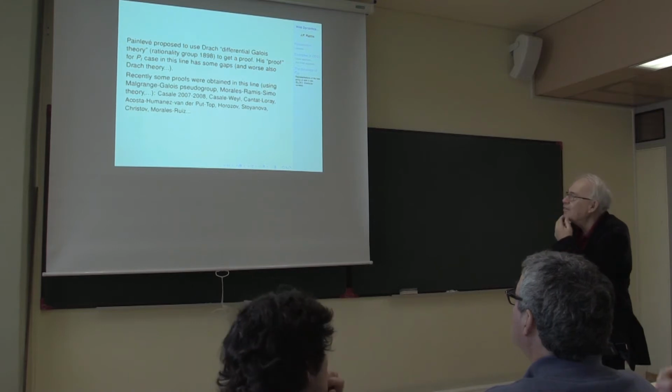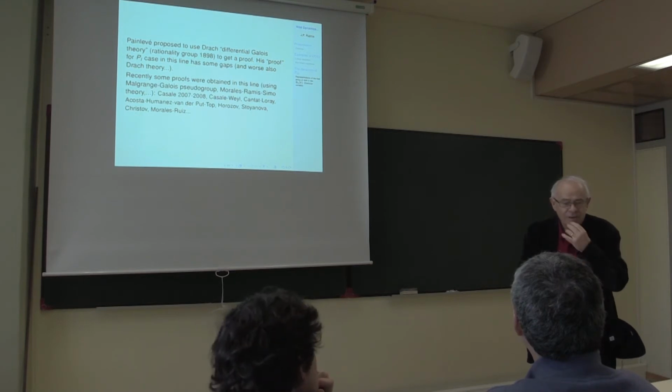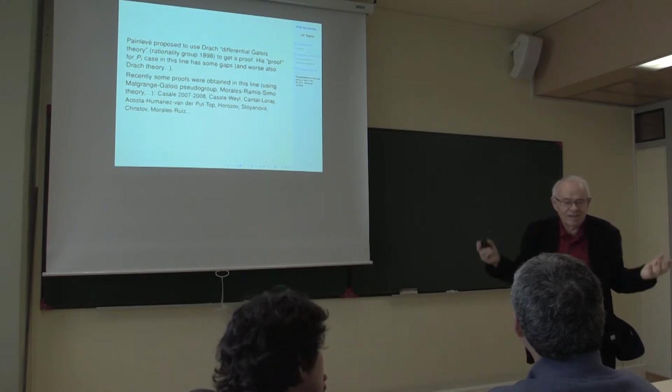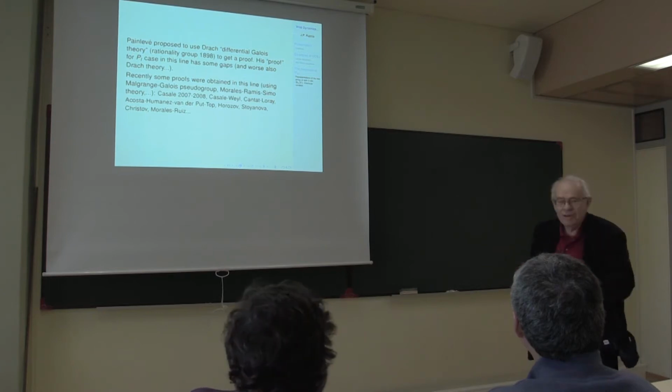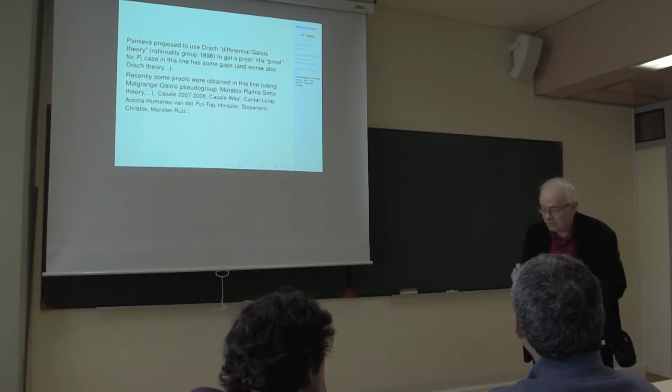At the end of the 19th century, in his enormous thesis, Jules Drach proposed, at a time when there was a quite solid definition of differential Galois group for linear equations by Picard, a big extension to nonlinear equations. And Painlevé said, okay, I'll start from Drach's thesis and I will prove that I have introduced new transcendental functions.